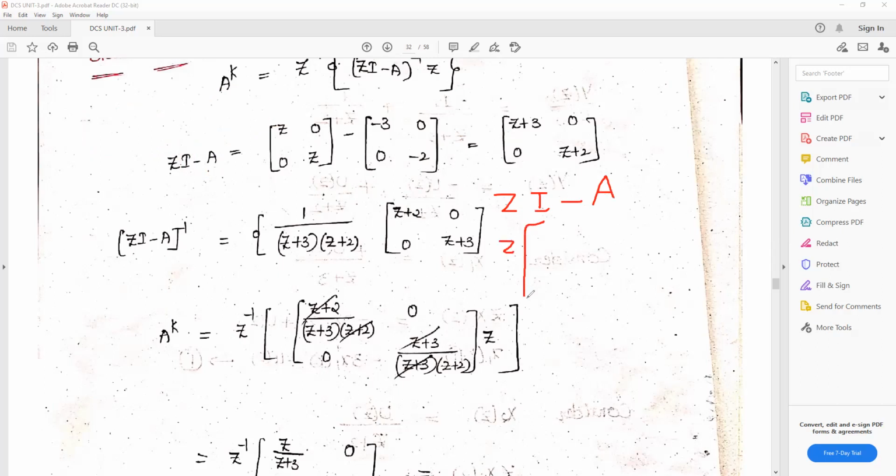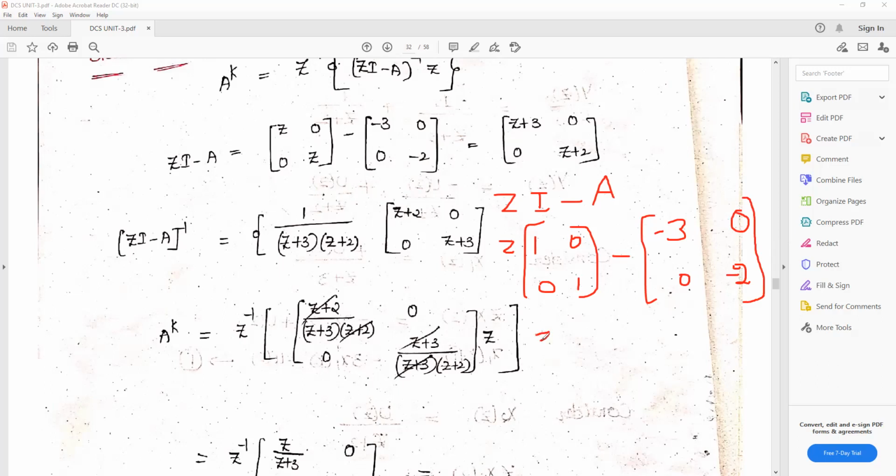The identity matrix 1, 0, 0, 1 times z, minus the A matrix, which is -3, 0, 0, -2.